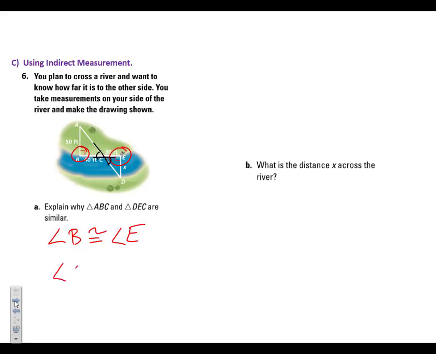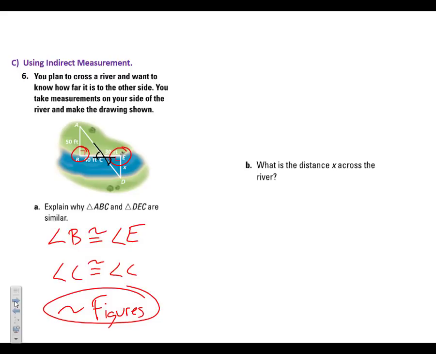So we know that angle C is congruent to angle C. On both sides, we're just going to call it C, the opposite angles that are vertical formed by two intersecting lines. So now we have similar figures or similar triangles because two angles are congruent. We know the third one is, we know we have similar figures.